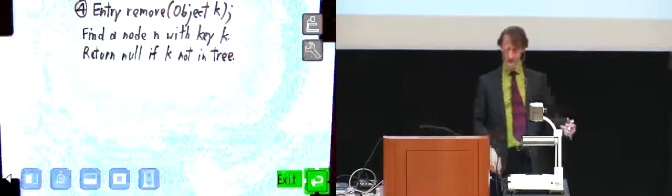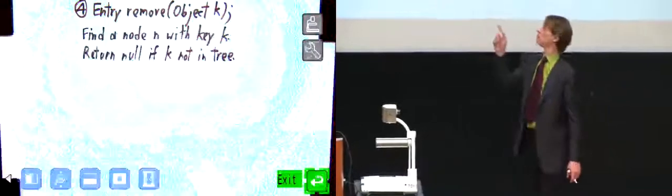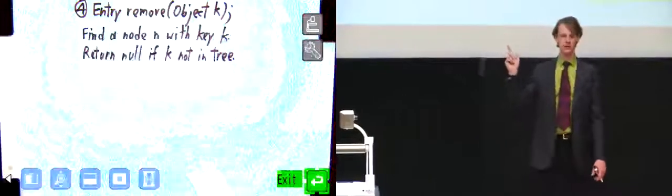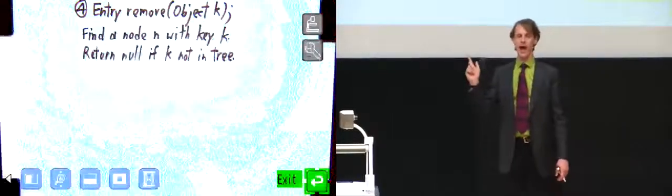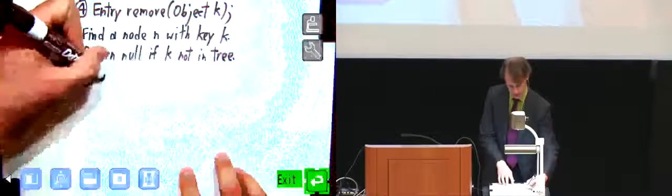And how you do that depends on, once you find the node that contains that key, how many children does that node have? So if the node has no children, it's really easy.